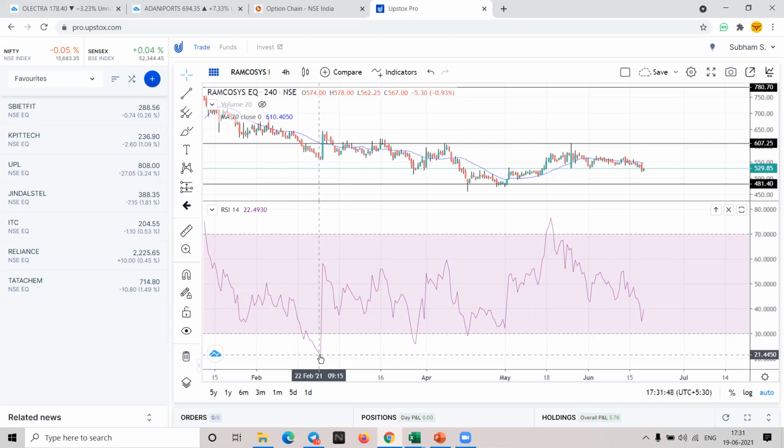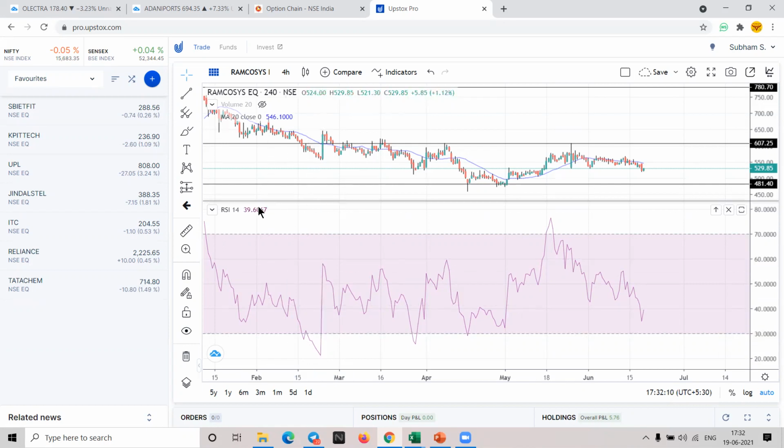So RSI tells us basically overbought and oversold. If the RSI value is above 70, experts say that it is in the overbought zone. And when the RSI value is below 20 or below 30, people say that the stock is oversold now. It can go up. Right?